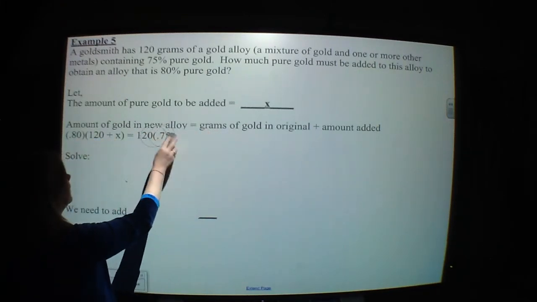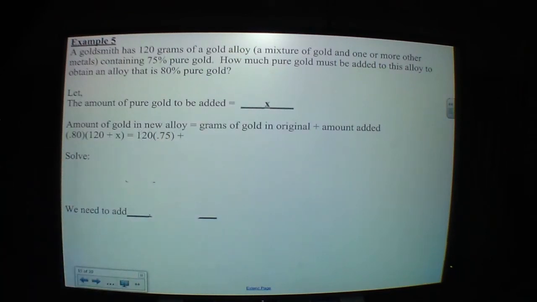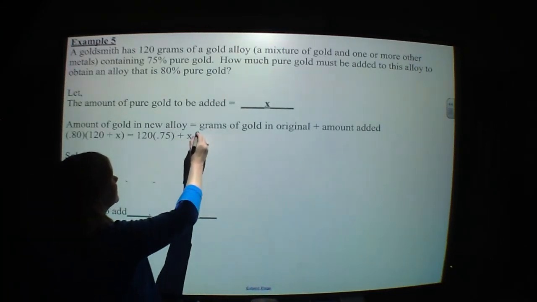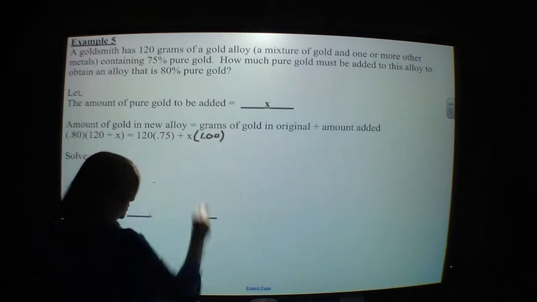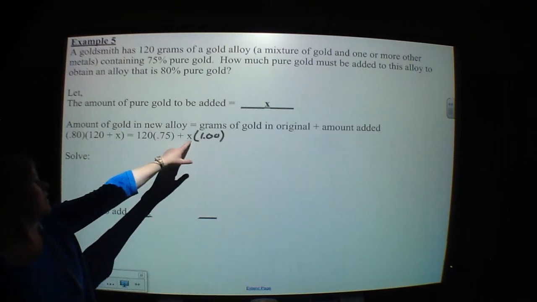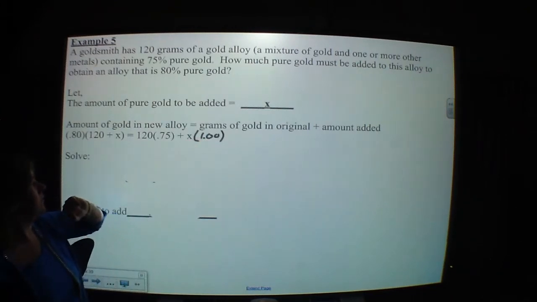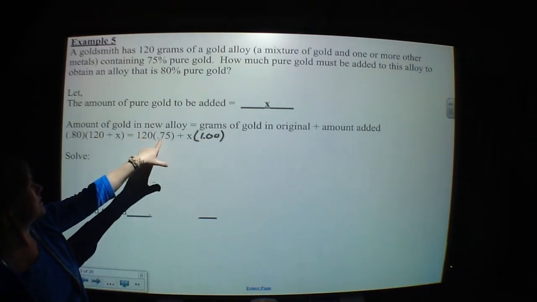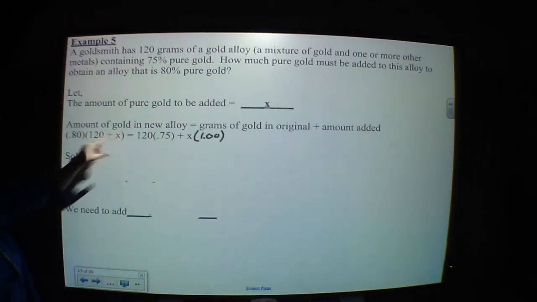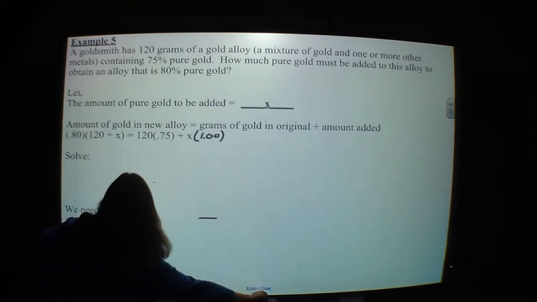The original, I have 120 grams of 75%, and I'm going to add X grams of 100%. And if you want to be consistent, you could do this. There's 100%. Okay? So I have X grams of 100% gold. I have 120 grams of 0.75 gold, and I'll end up with 120 plus X grams of 80%. There's your equation that you need to solve.